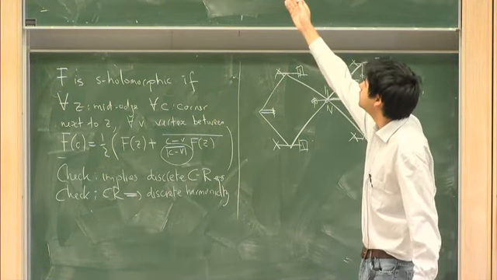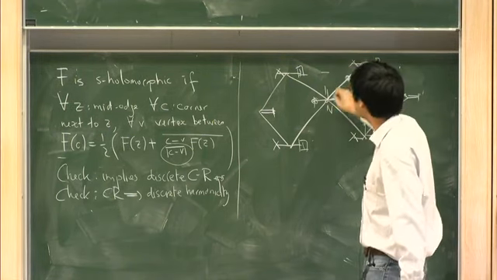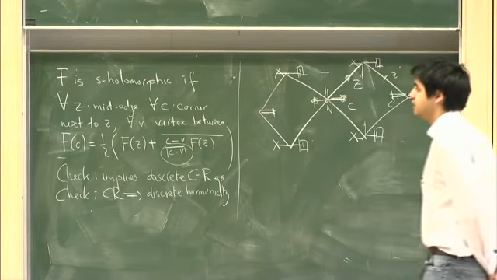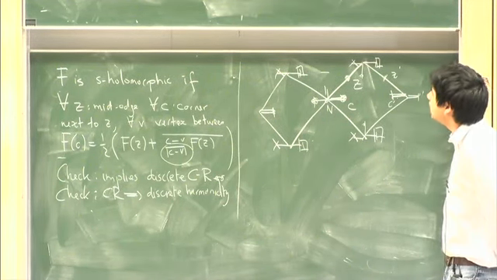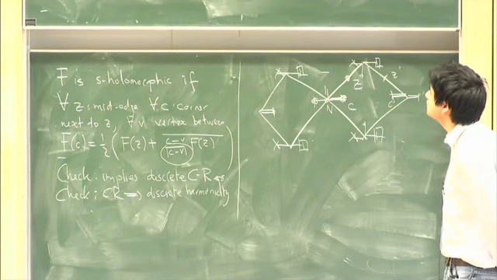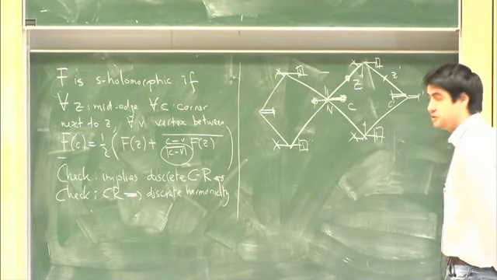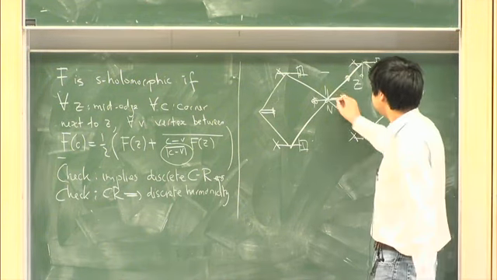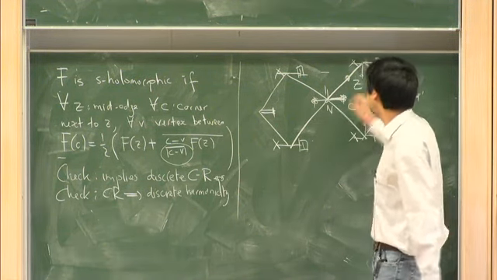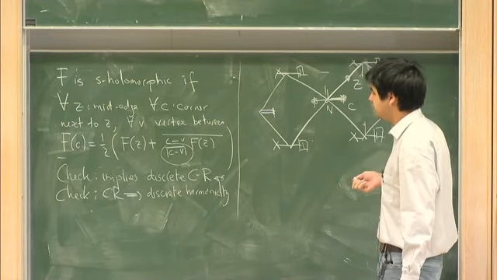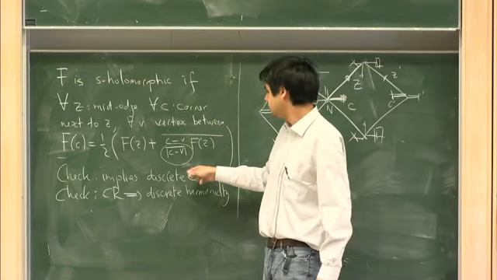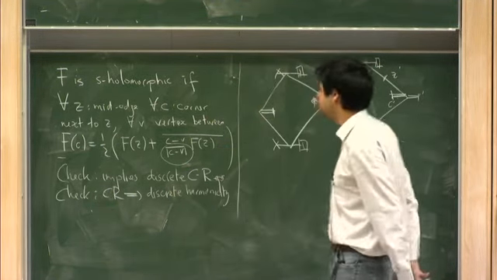You can check the only complex term is the winding term, and the winding will not do anything but a multiple of 2 pi. So in the complex exponential, you're going to get a real number. So it's easy to check that the function on these corners is purely real, and that discrete Cauchy-Riemann implies discrete harmonicity.